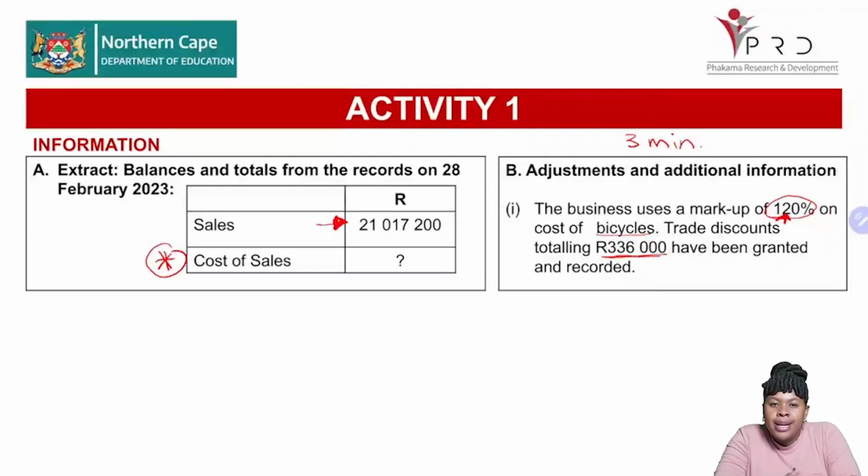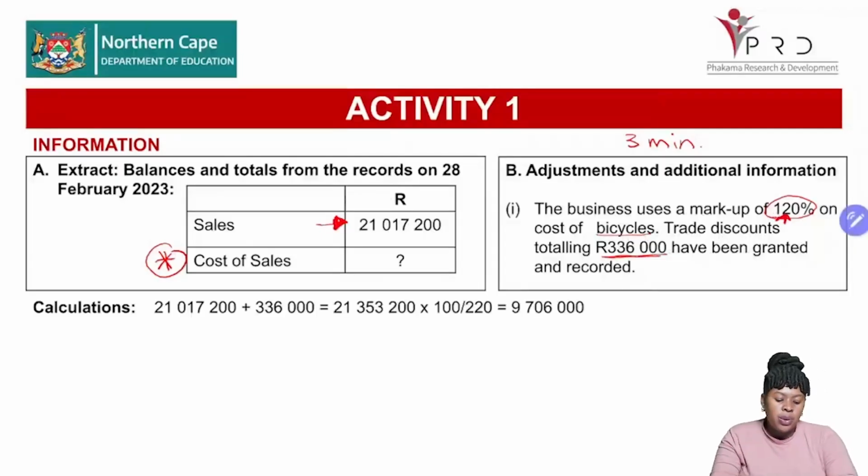Before we can calculate our cost of sales, we have to calculate what the total sales would have been if we had not granted the discounts. That amount will lead us to the cost of sales, because our cost of sales did not change. The only thing that changed was how much we sold it to the customer for.